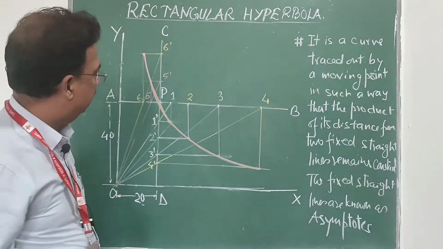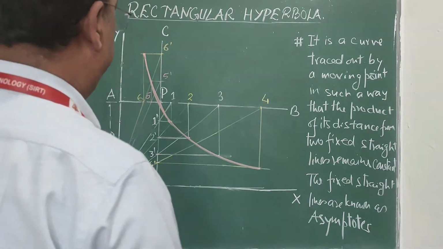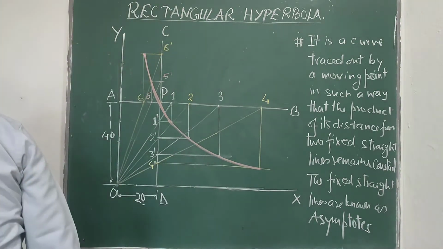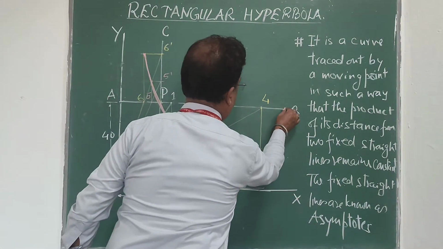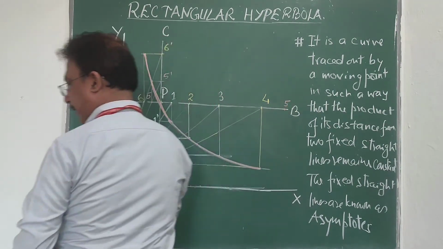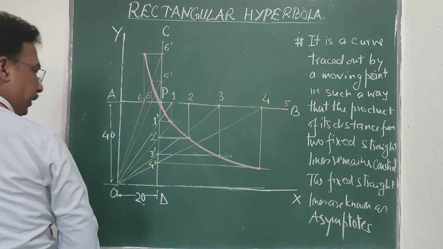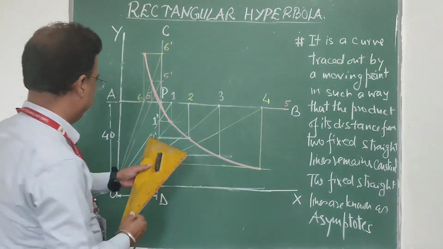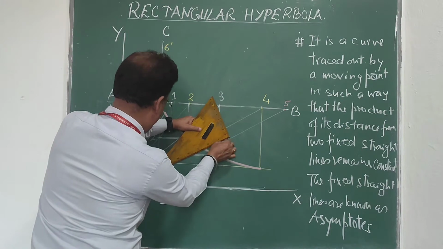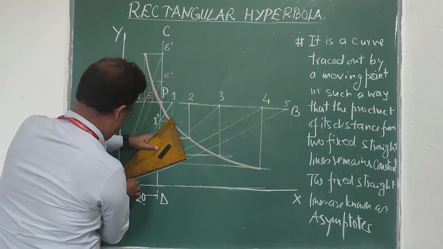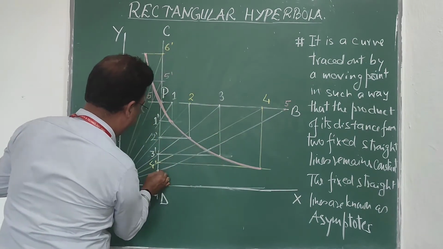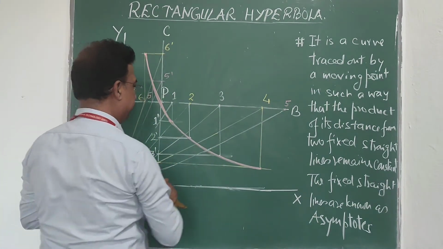I hope that this number of points is sufficient to convey the information. If we like, we can take one more point here also. Suppose I will take another point 5 on this side also, and join this 5 again with the point O. On the way it cuts at 5 dash.